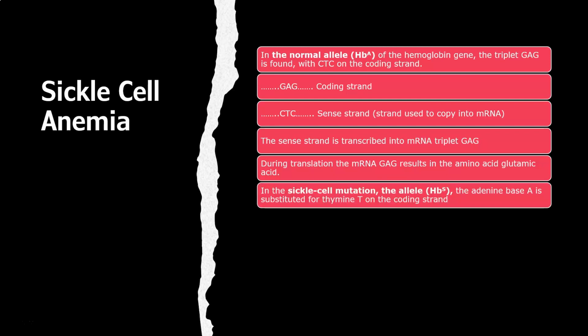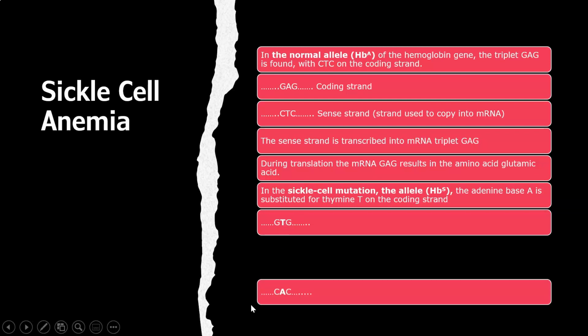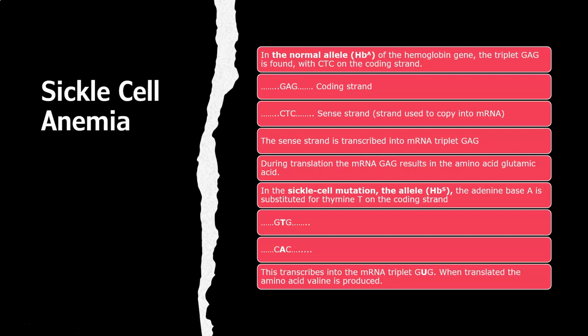Now, in the sickle cell anemia mutation, the allele HbS, the adenine base is substituted with thymine on the coding strand. So, the coding strand up here we had GAG, now we've got GTG. So then our sense strand is CAC. This transcribes on our mRNA as GUG. When translated, the amino acid produced is then valine.